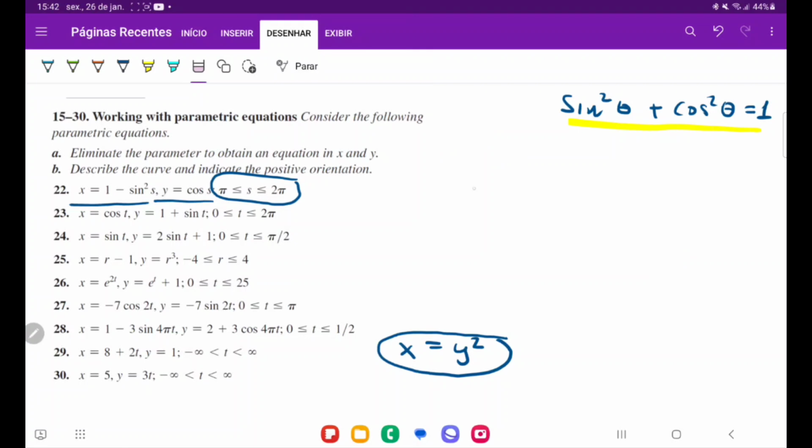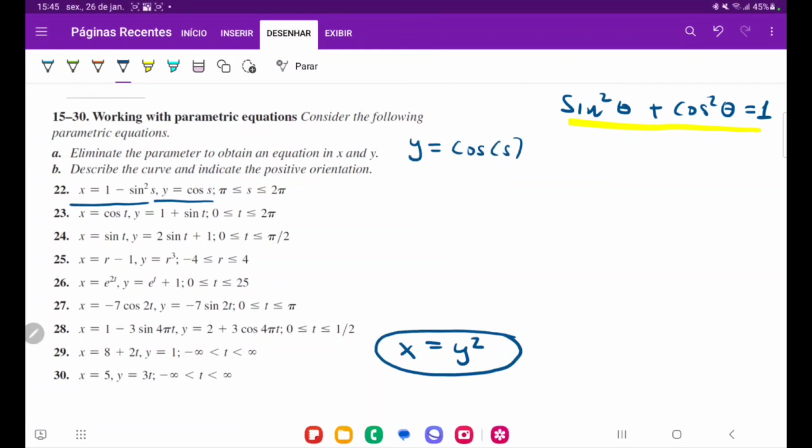Let's go back to our original y equation, y is equal to cosine of s. Now we're just going to plug in the boundaries of s into the y equation so that we can see where it begins and where it ends. So s begins at pi, and plugging in that lower boundary, y is equal to cosine of pi, which is minus 1.